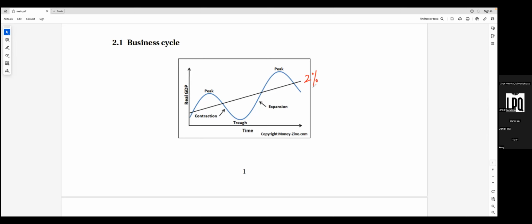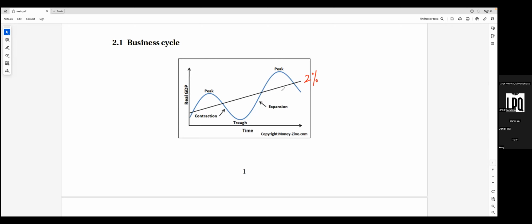I mean the annual rate, okay? Annual rate, not a monthly rate. The annual rate is 2%. So for these countries in the long run, averagely speaking, every year their real GDP only increased by 2%.